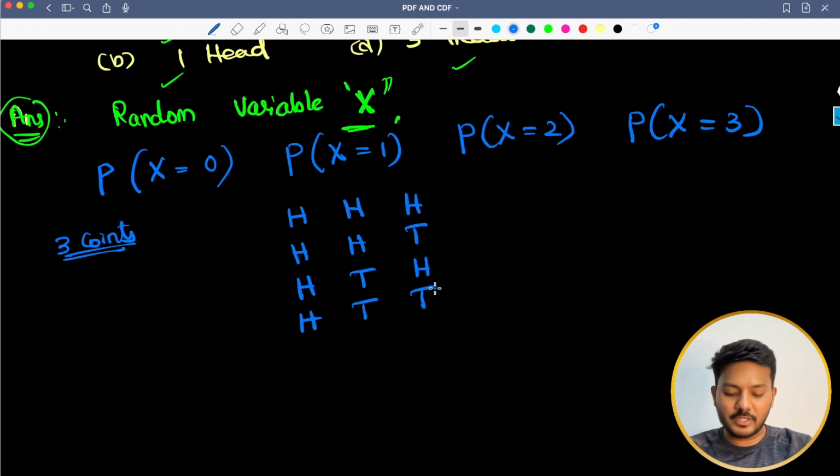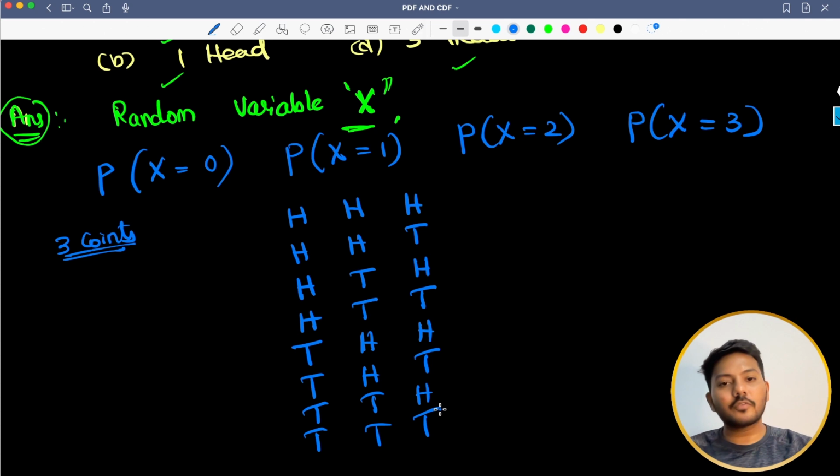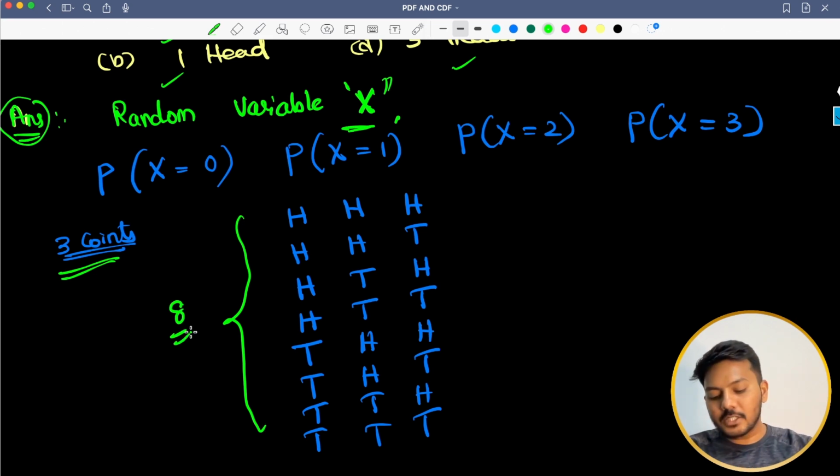I can get this, and maybe tail, head, head, tail, head, tail, tail, tail, head, tail, tail, tail. So all of these are the possible combinations when I toss three coins in which they are having heads and tails, right? So what are the total number of occurrences that I can have? 8 possible combinations.